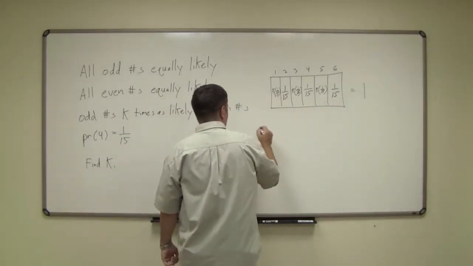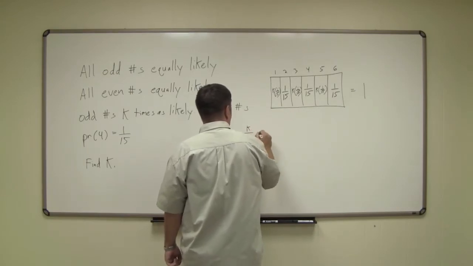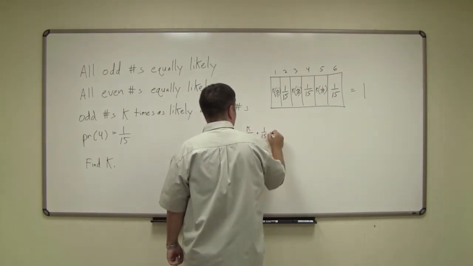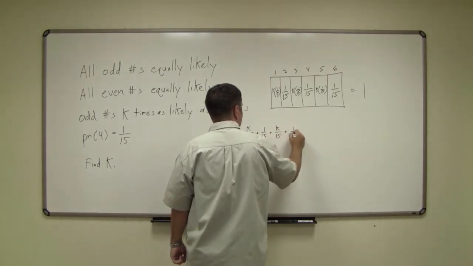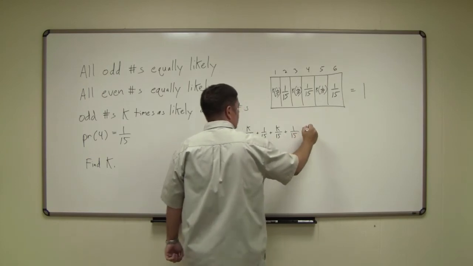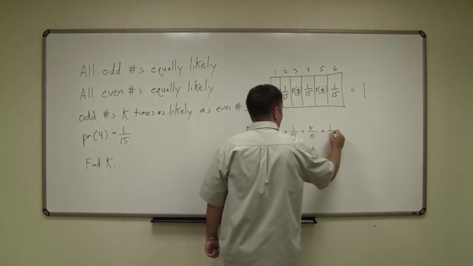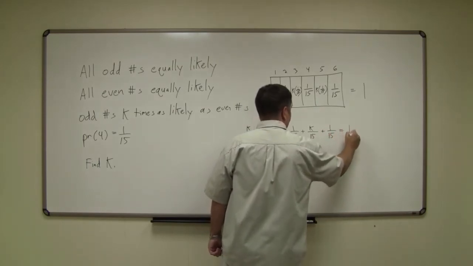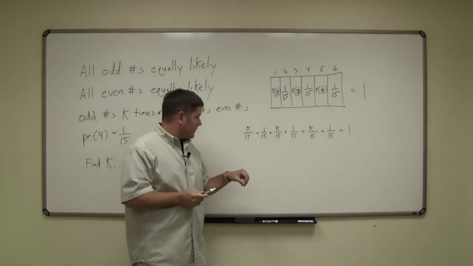So k times 1 over 15, that's k over 15. And here we have 1 over 15, another k over 15, another 1 over 15, another k over 15, and another 1 over 15. So adding up all 6 boxes, we have to get 1.